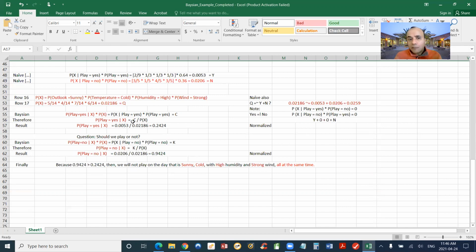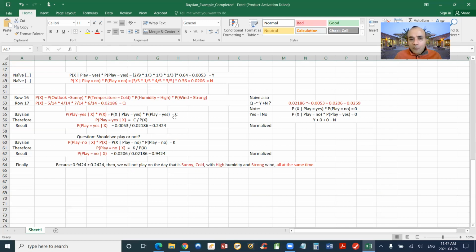What am I trying to do? Here I said, if you saw me playing, what's the probability the event happened? Here I'm saying, if the event happens, what's the probability I'm going to play? That's where the prior and posterior come into play. This is called posterior. The event has happened. What's the probability that I'm going to play?